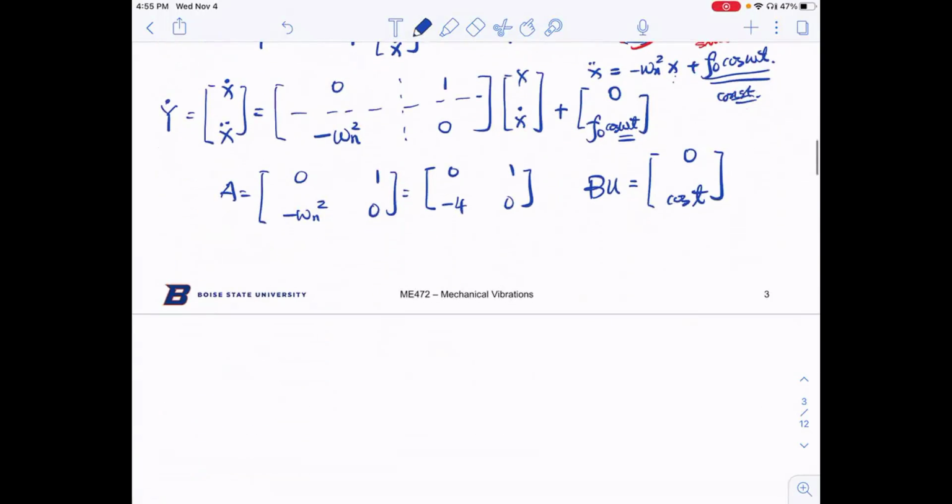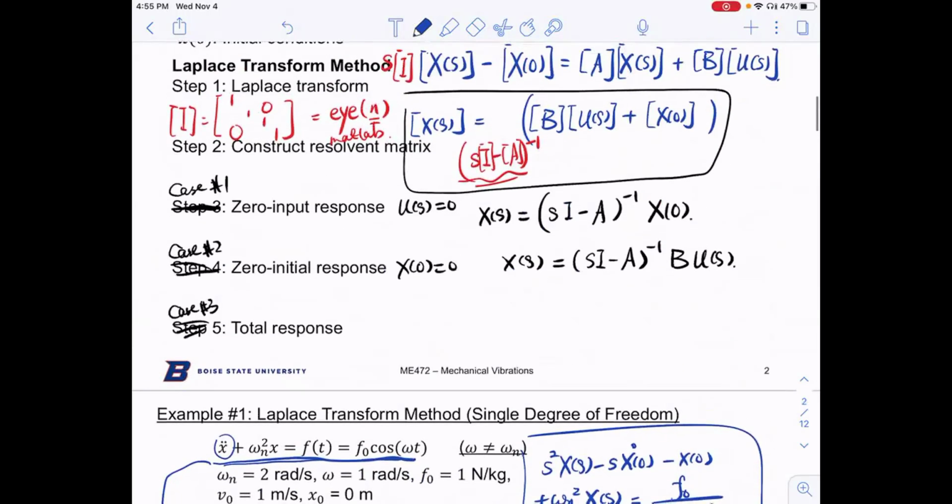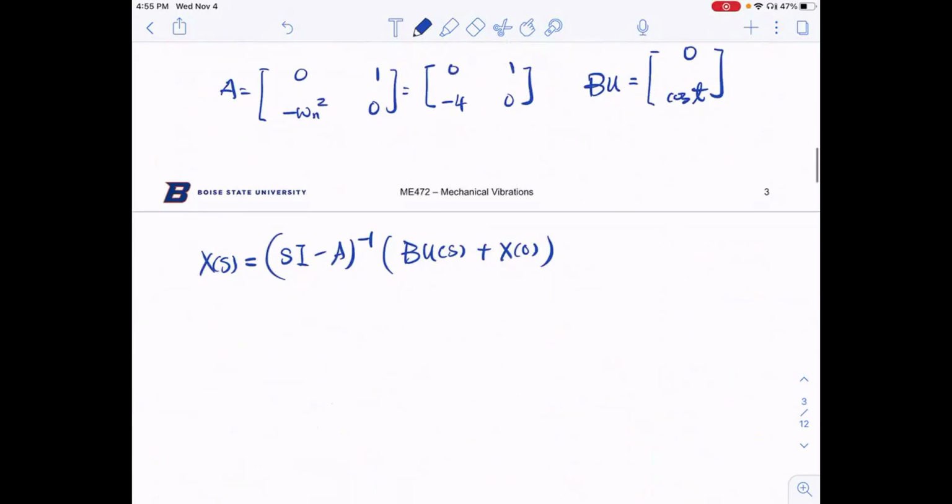And then we can apply the Laplace transform method we just learned. So we know that your solution in the S domain can be written as (sI minus A) inverse times (BU(s) plus x naught).